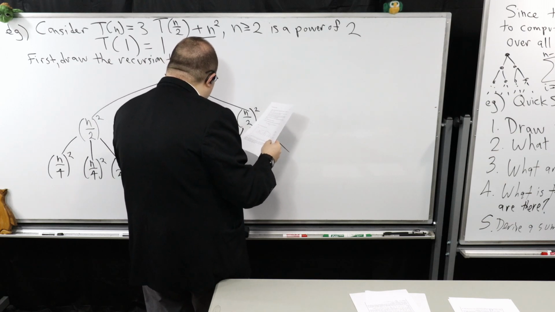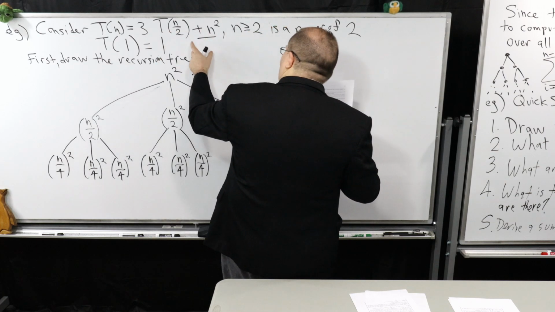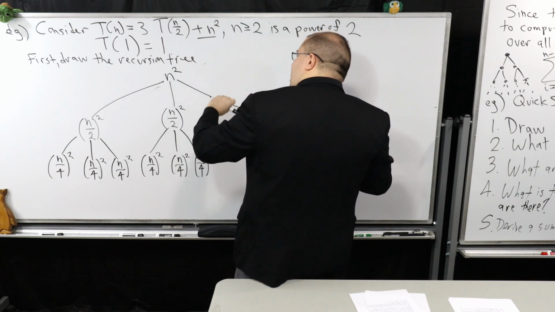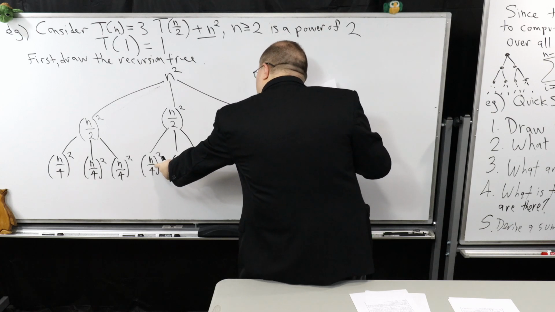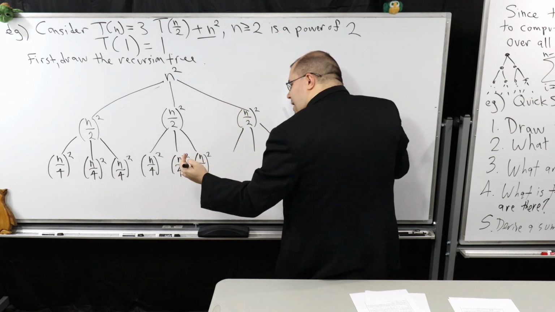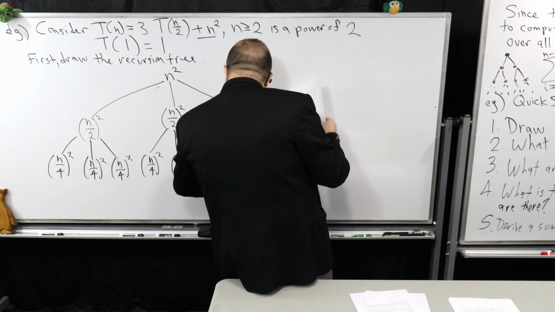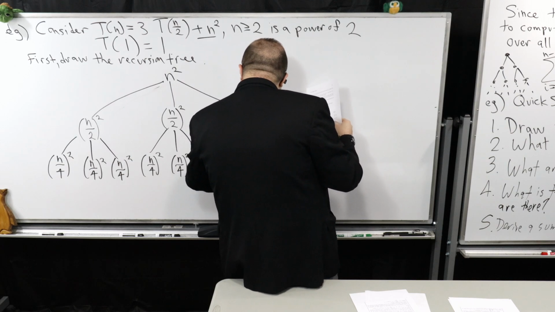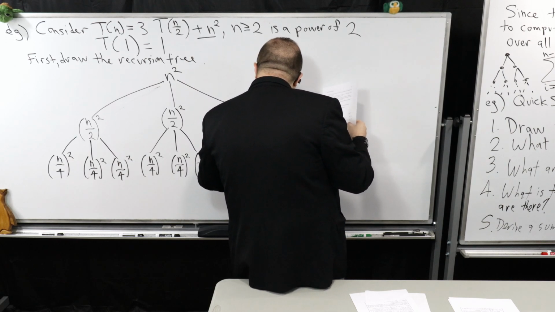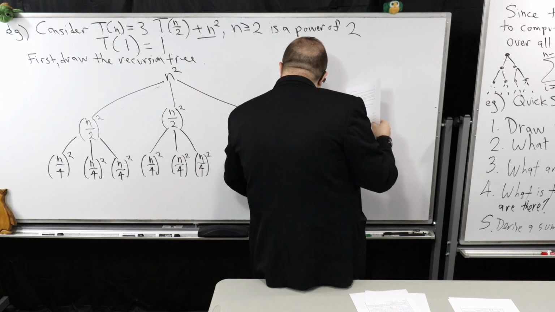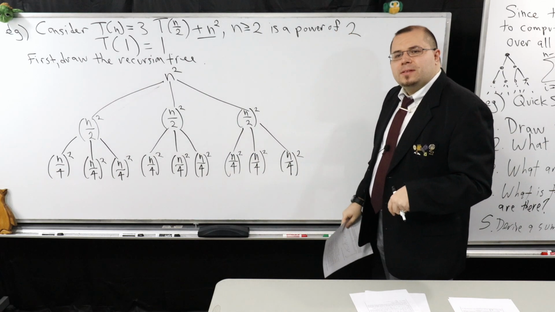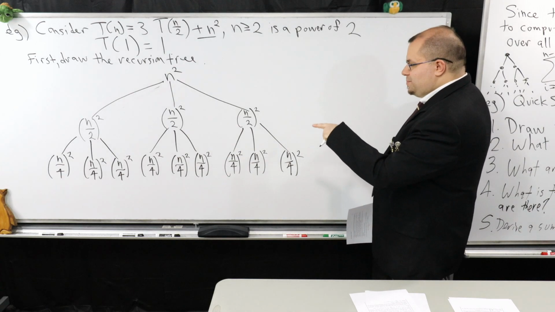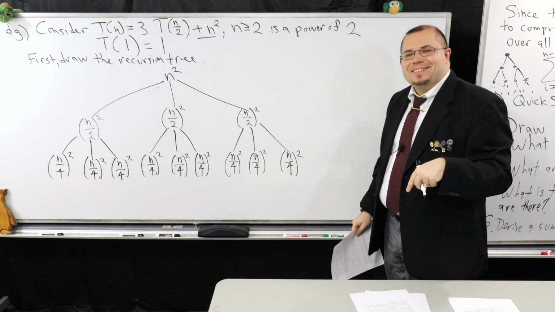Remember, each of these nodes represents the non-recursive work that's happening when I make that recursive call. So for each one of these, there will be another set of branches, exactly 3 of them, until some point. And what point is that, by the way? When do I stop doing this process?